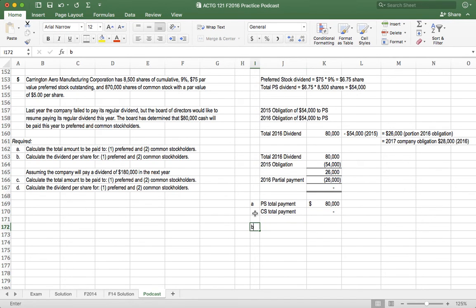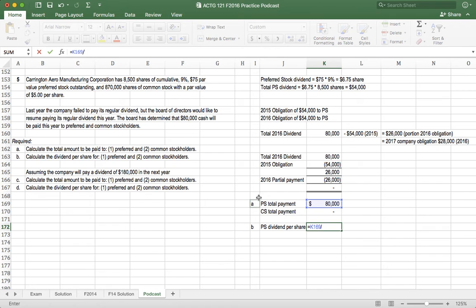B asks for the preferred dividend per share. So in order to do that, preferred stock dividend per share, we're going to take the $80,000 and divide it by the total number of shares outstanding. And from the information right up here, it says 8,500 shares.